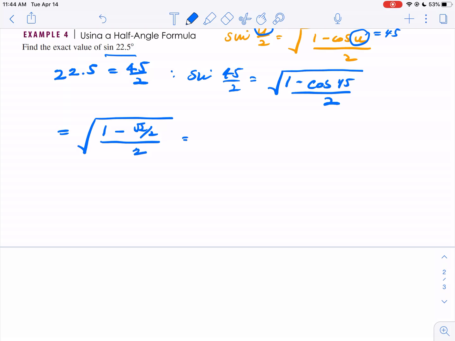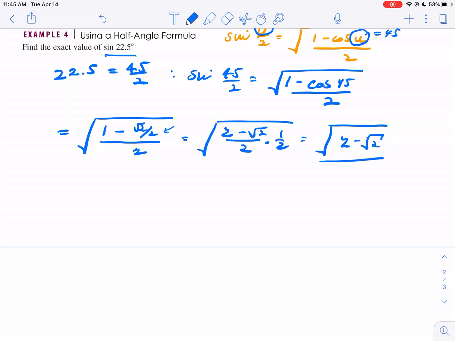So I'm going to combine fractions in my numerator here. 1 is just 2 over 2. So it gives me 2 minus the square root of 2 over 2. And then I'm going to be dividing by 2 or multiplying by a half, which then gives me 2 minus the square root of 2 over 4, and if I take the square root of that, I get the square root of 2 minus the square root of 2, over 2.